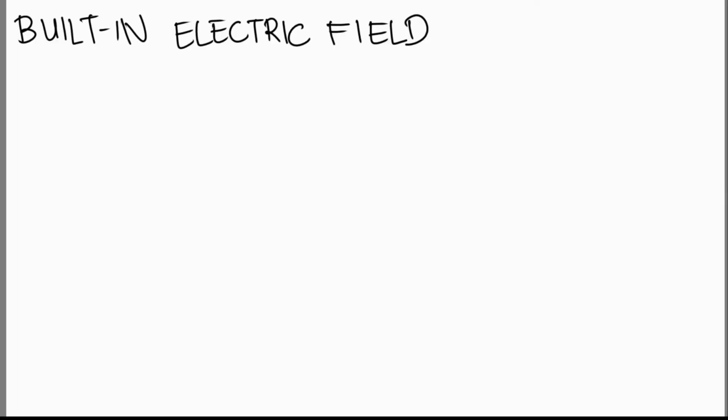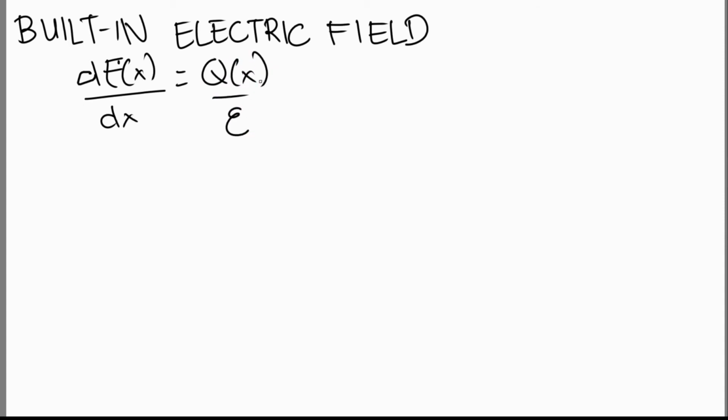From the charge profile of our PN junction, we can actually get your built-in electric field. So using Gauss's law, ito, dE(x)/dx is equal to ρ(x) over epsilon, where ρ(x) is the charge profile of our semiconductor material and epsilon is its permittivity.